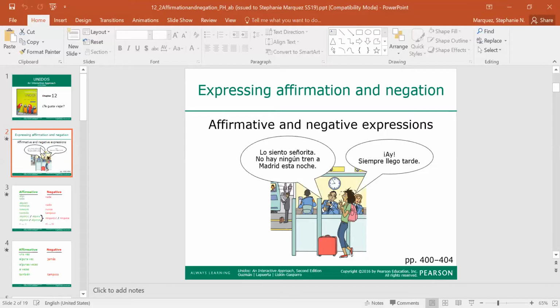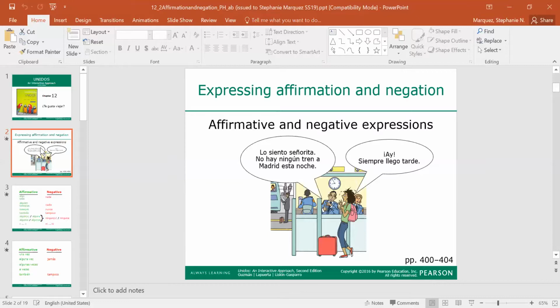But the one grammatical component that exists is, if you notice, it says no hay ningún tren. What happens is that the word itself is not actually ningún. The word in, let's call it its base state or virgin state, is ninguno, with no accent on the U and with an O on the end.